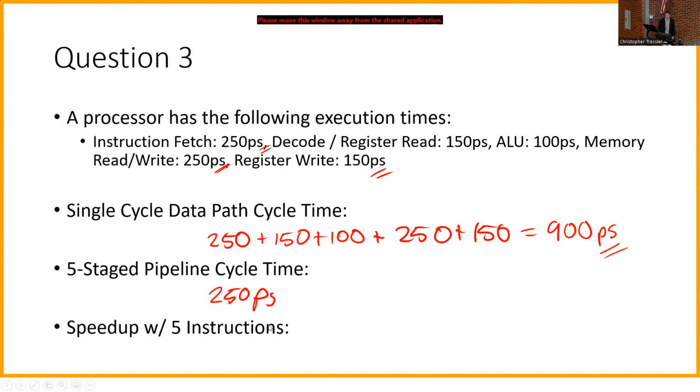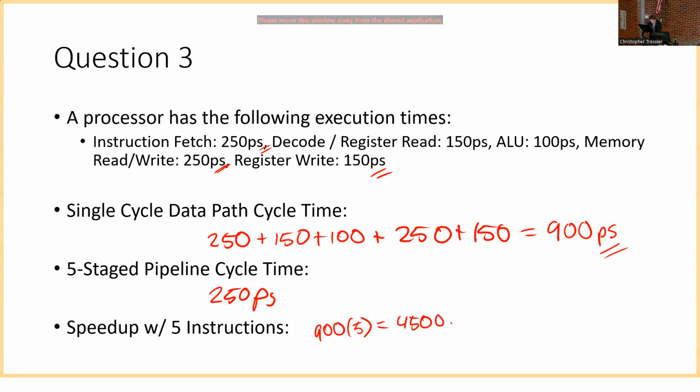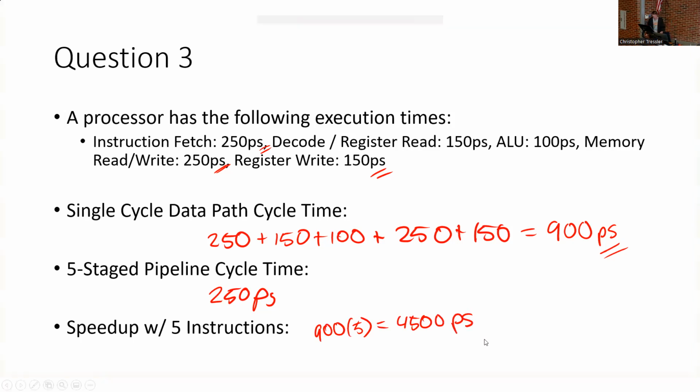Now we're going to calculate speed up with 5 instructions. First, for 5 instructions on our single cycle data path, it's as simple as 900 times 5, which is 4,500 picoseconds. For the 5-stage pipeline, it's a little more complicated.